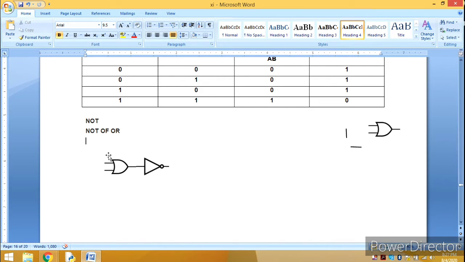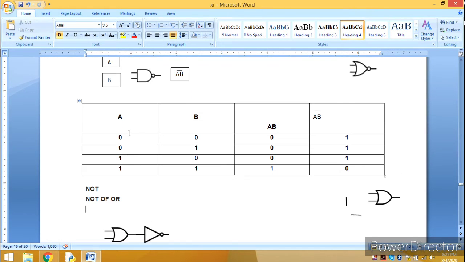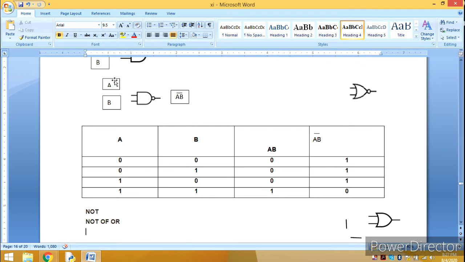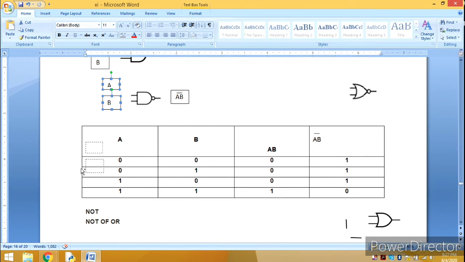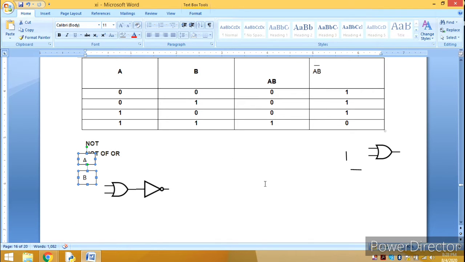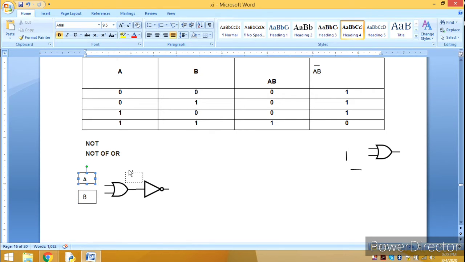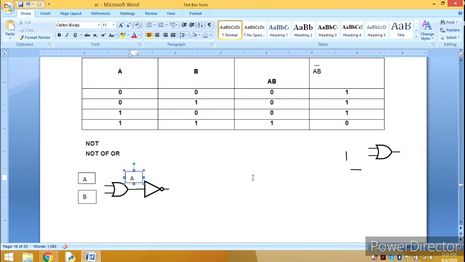The same thing over here means you will be having two inputs A and B. For the two inputs A and B, what you will be having over here? Let me have this once again. So again you are having the two inputs A and B. Will you get A plus B for the OR operator?